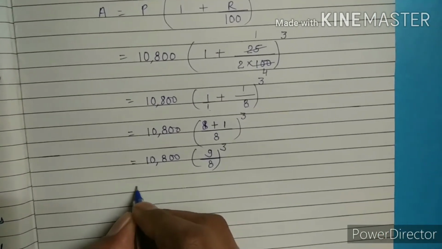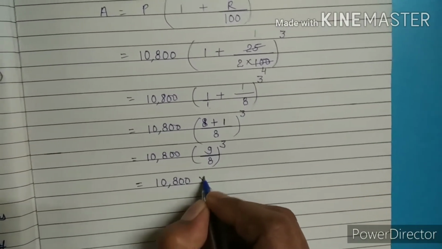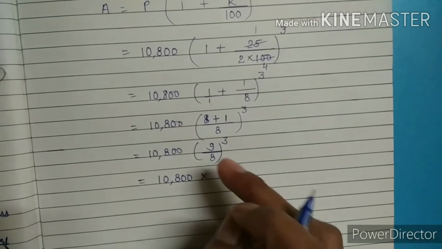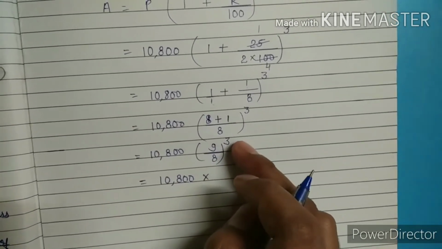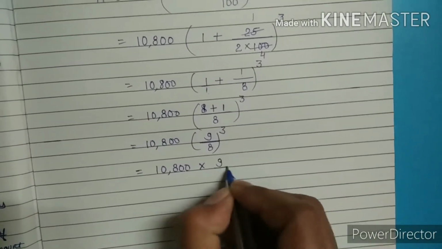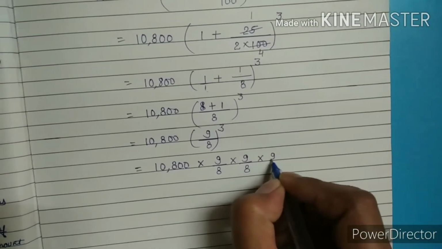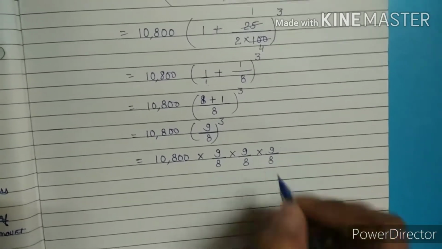So now we have 10,800 multiplying by 9 by 8 whole power 3, so we write 9 by 8 three times.